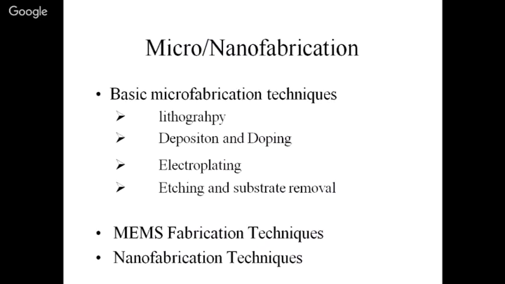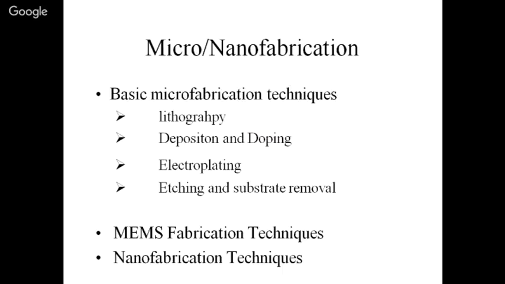Now, micro and nano fabrication. Basic micro fabrication techniques are lithography, which I have discussed several times, deposition and doping. Doping I have also explained, say a specific doping, just like in athletics, if one takes doping, he can perform more than he does normally.